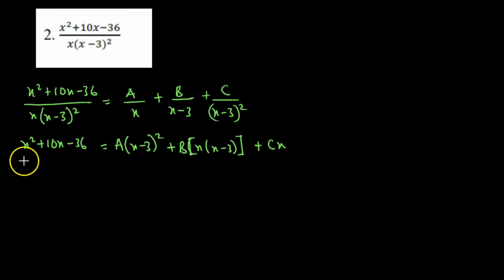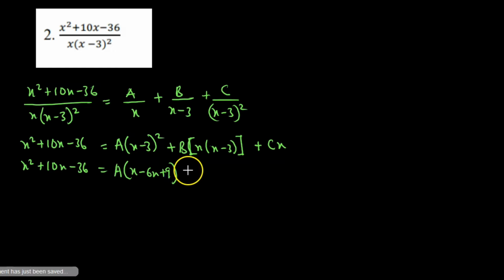So the left hand side still has x squared plus 10x minus 36, and this must be equivalent to a into bracket x minus 3, all squared. When we expand, we end up getting x squared minus 6x plus 9. Then we have over here plus b into bracket x squared minus 3x. Then we have plus cx.